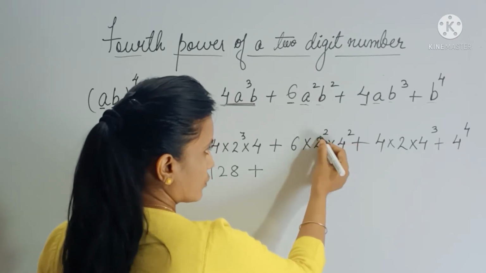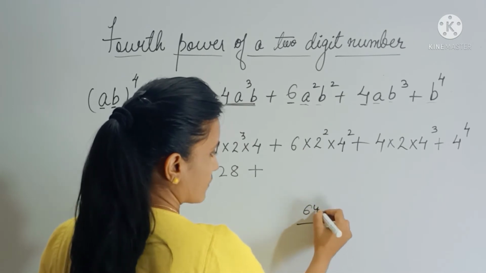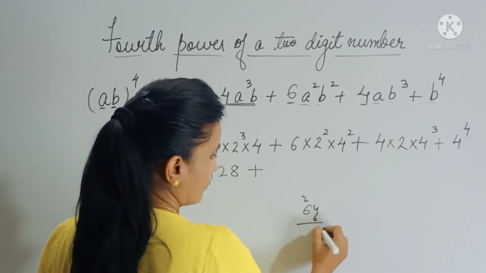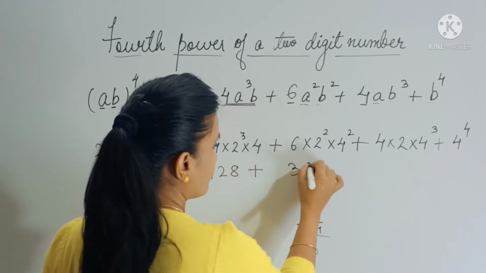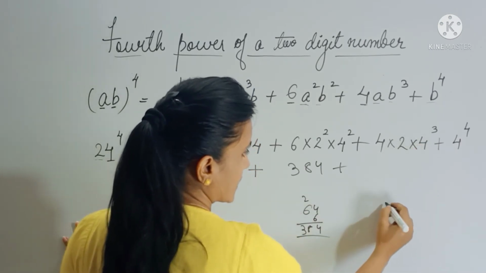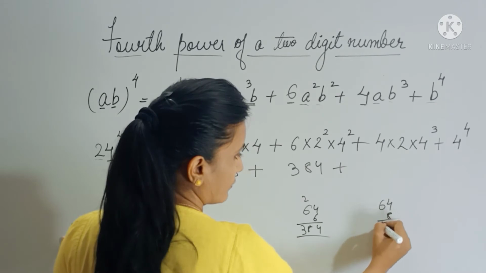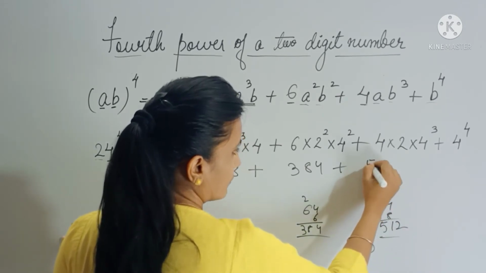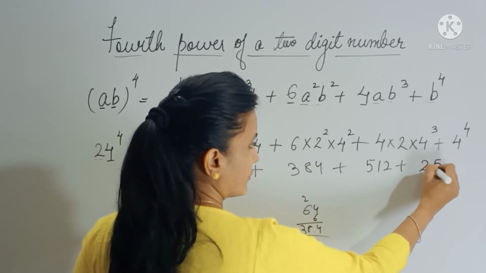So 16 into 4 gives you 64, and 64 multiply 6 gives you 4 6s are 24, 6 6s are 36, and 2 is 38. So you get 384. And here 4 cube is 64, and 2 4s are 8. So you get 512, and 4 power 4 is 256.